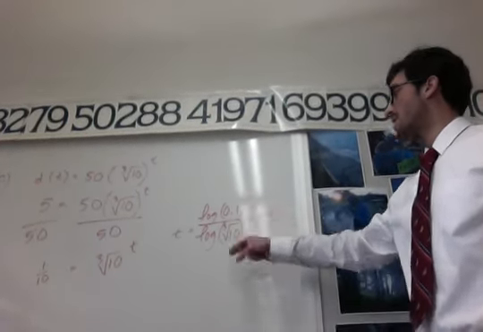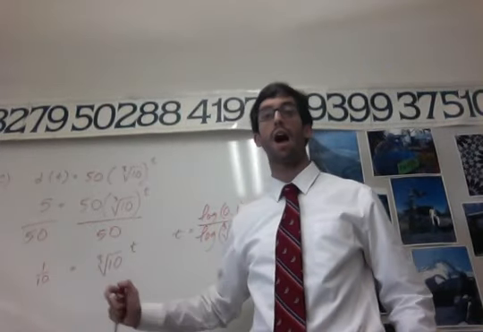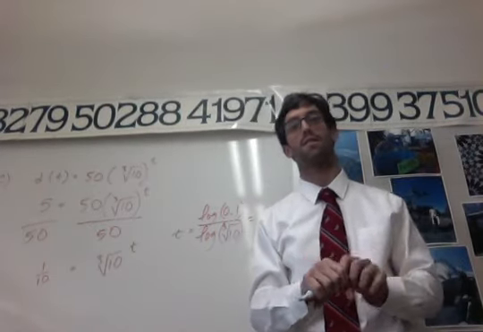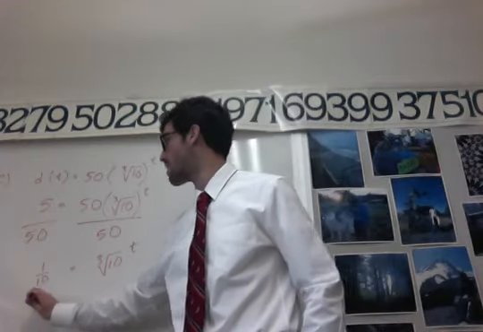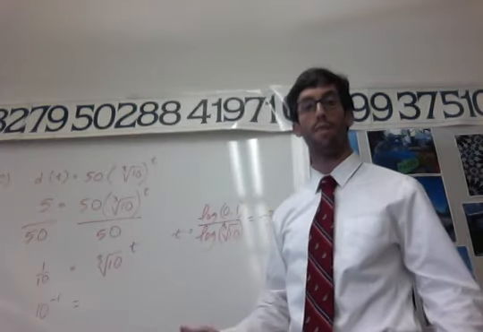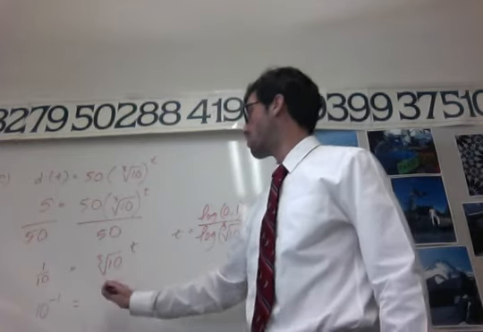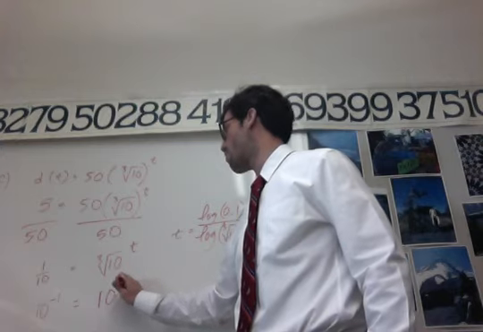But you don't need to use logs in this case because you can write both sides of the equation with a common base, just like the last quiz. 1/10 is 10 to the -1. And the cube root of 10 is 10 to the 1/3. So we have 10 to the -1 equals 10 to the 1/3 to the t, which becomes 10 to the 1/3 t.